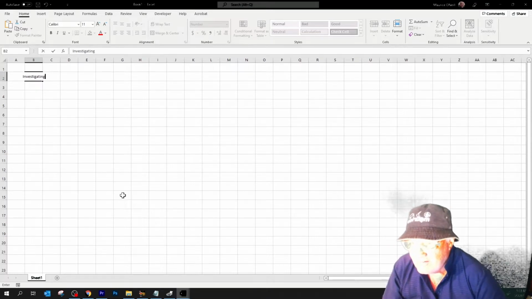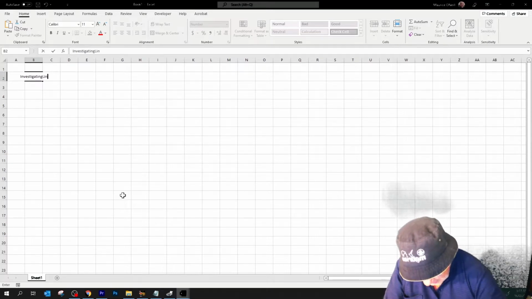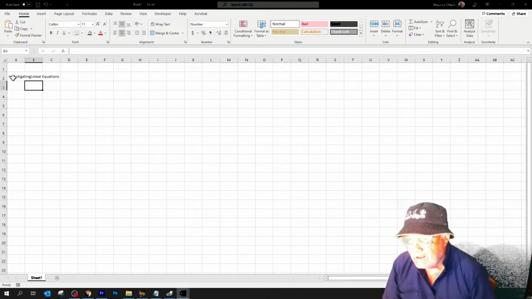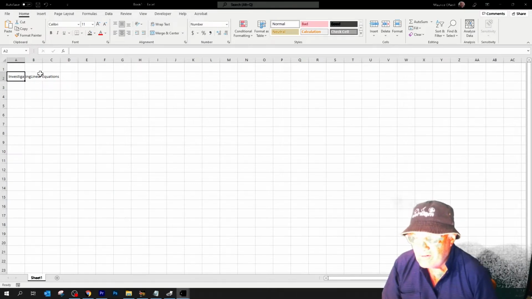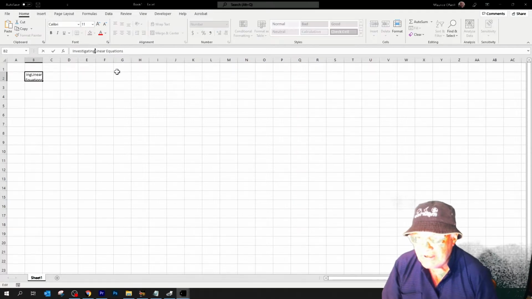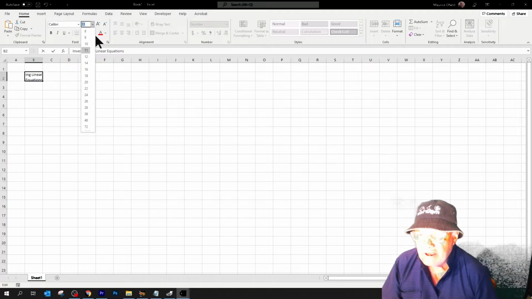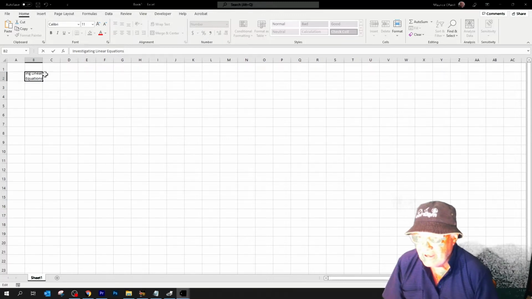Investigating linear equations, like so. Oh, it must be in that one. Bit of a gap there. I'm going to make that 20. Like that.